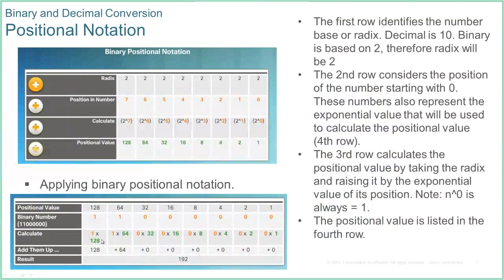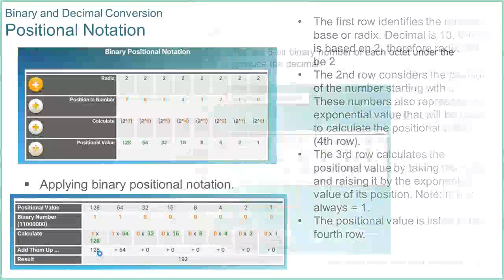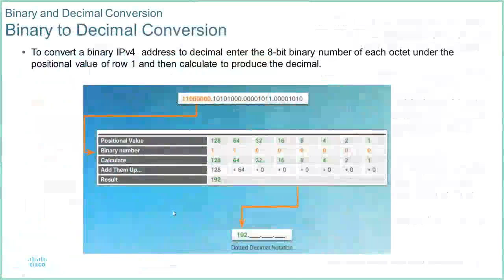So if that bit is turned on, it's worth that value. We add those values together, and that's what our new dotted format value for the decimal notation is going to equal.